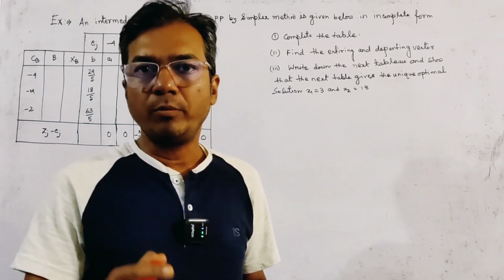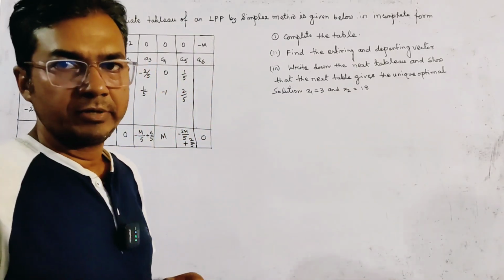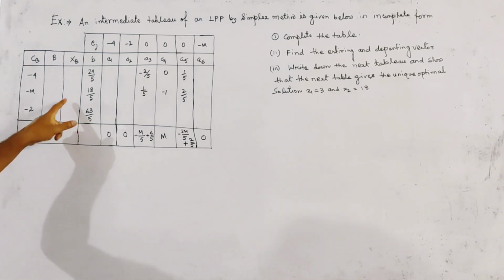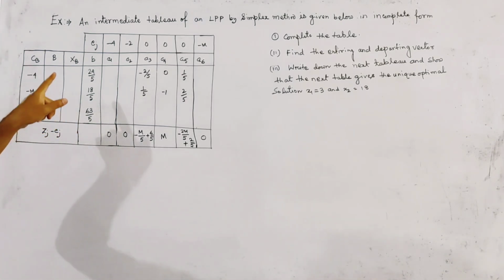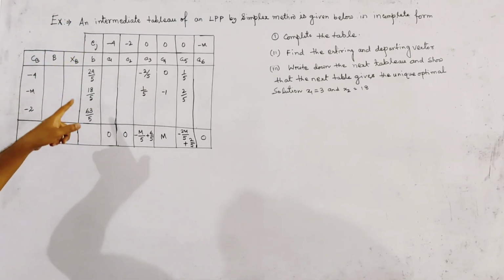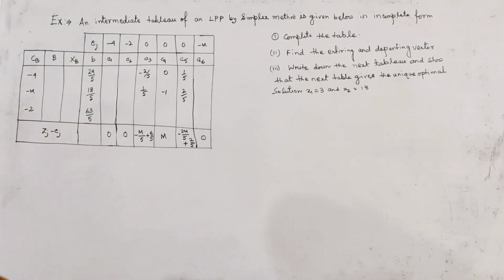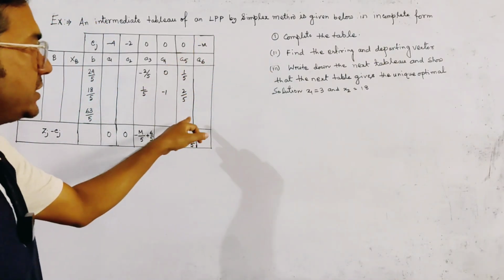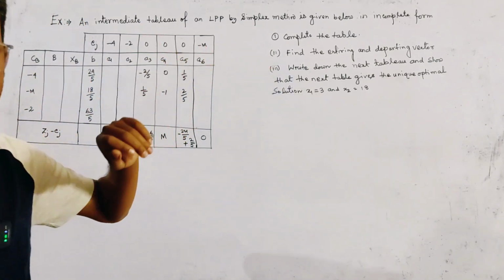Today's problem is from linear programming. In this problem an incomplete simplex table is given, which is also the intermediate table of the simplex method. In the first part, we have to complete the incomplete table.